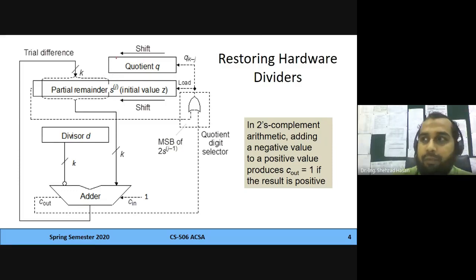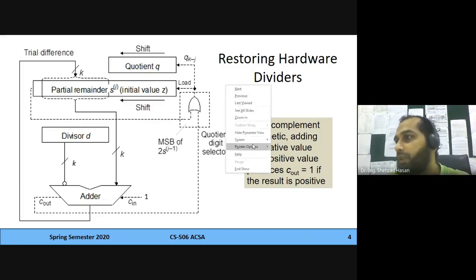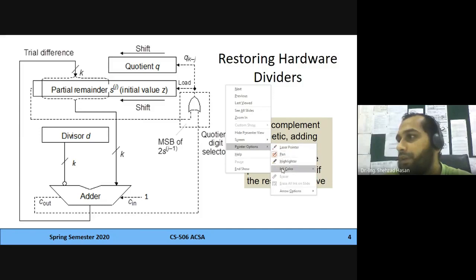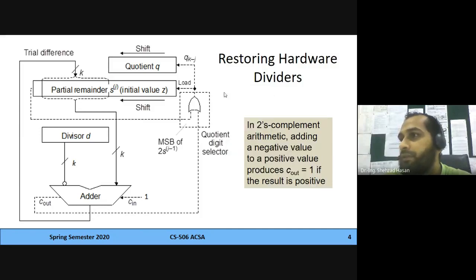These are the quotient bits here that are going to be determined after every step. Since it's shifting left, the first bit we determine has to be the MSB, because after that many steps, that bit is going to come to its right position.